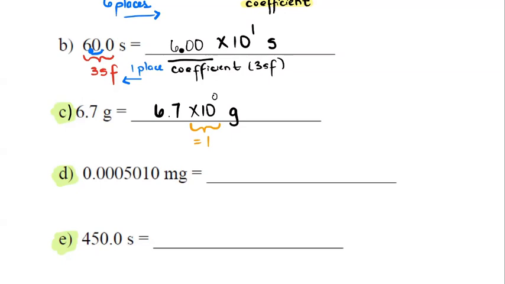Go ahead, Lucas, unmute yourself. Is there any reason that we wouldn't just leave it at 6.7 grams instead of adding the 10 to the 0? That is a great question. The reason why we still need to put the times 10 is to keep the consistency for scientific notation. One of the things that we are going to do after we finish this topic and speak a little bit about rounding is math operations.